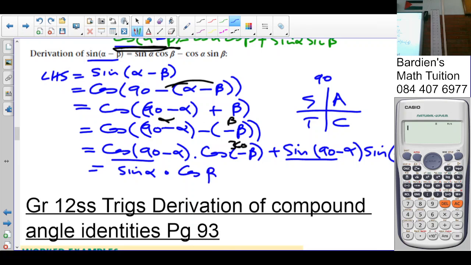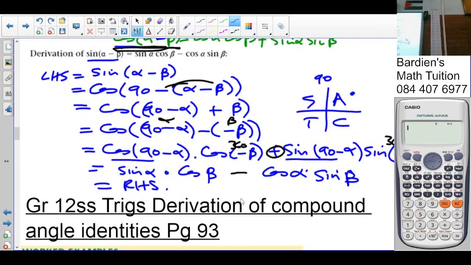There's just cos of beta. 90 minus takes you to the first quadrant, sine is positive, so it's sine alpha, and then minus beta is in the fourth quadrant, or 360 minus beta in the fourth quadrant. Sine is negative, changing that positive to a negative. Sorry, that's supposed to have been cos, sorry about that, cos alpha and sine beta, okay, which is equal to the right hand side. Alright.